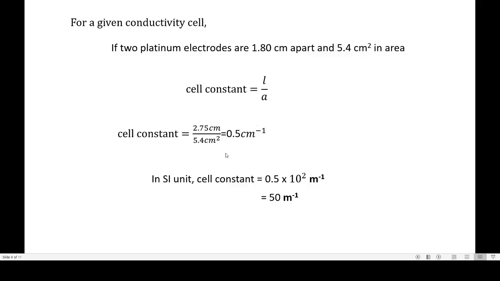So this is the value of the cell constant. If we convert into SI unit, it will be 0.5 into the conversion factor, per centimeter is 10 to the power of 2 per meter. So it will be 50 per meter.